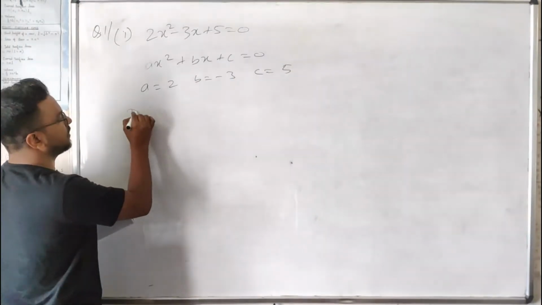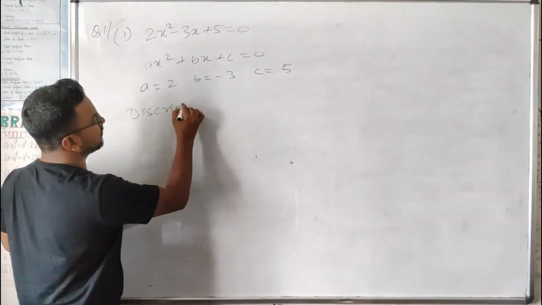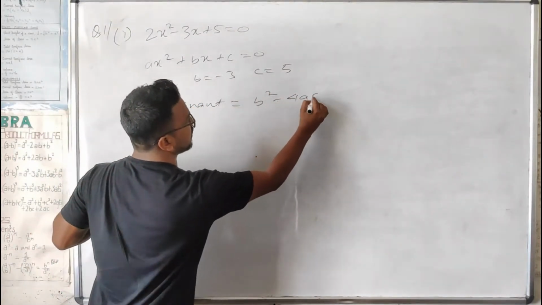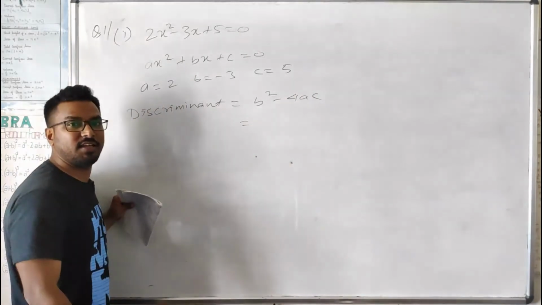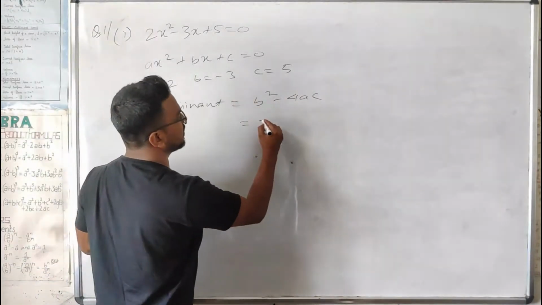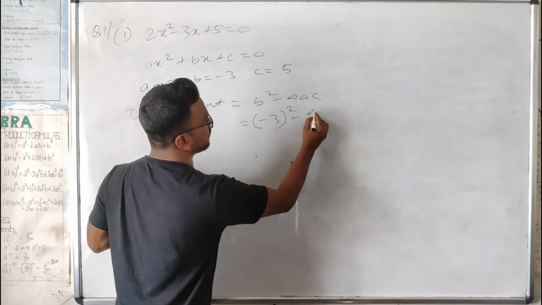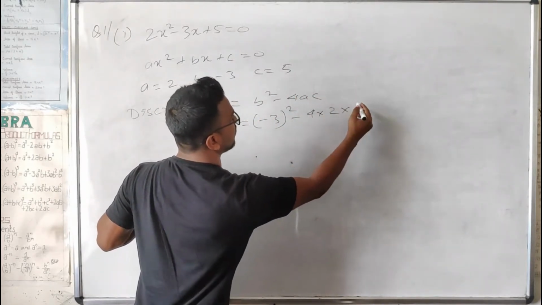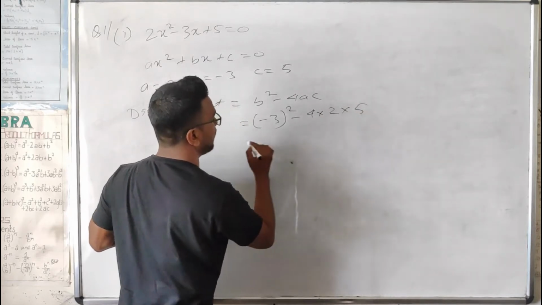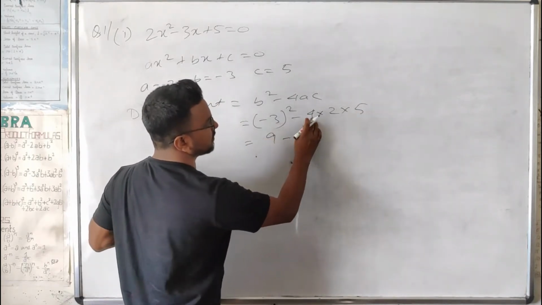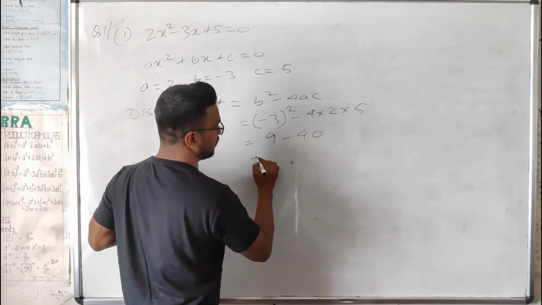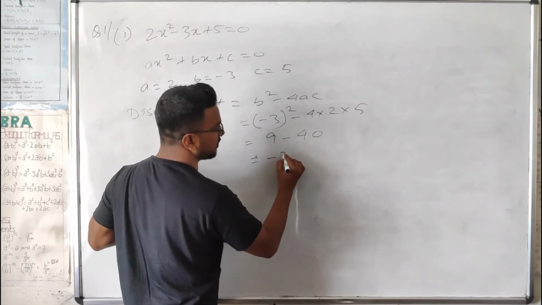So the discriminant is b square minus 4ac. b is -3 whole square minus 4 into a is 2 and c is 5. So this will become 9 minus 4 5s are 20, 20 into 2 is 40. So you will get negative, minus 31.